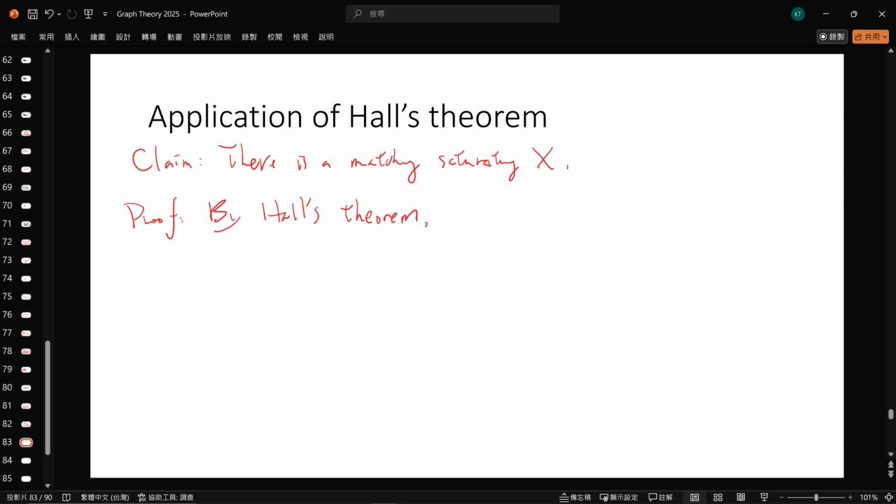Whenever you want to apply Hall's theorem, all you have to do really is just to show that there's no bad set. That's all you have to do.